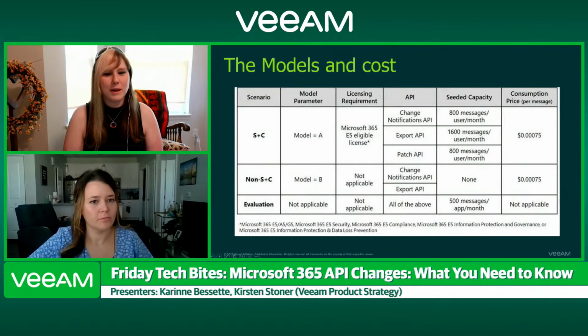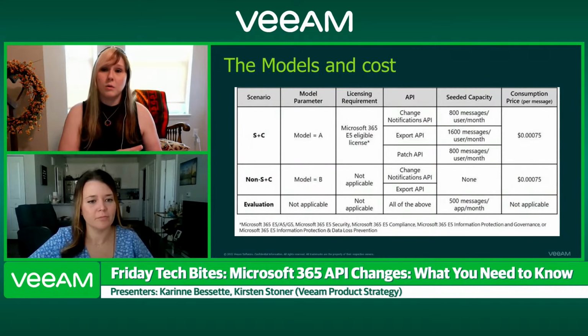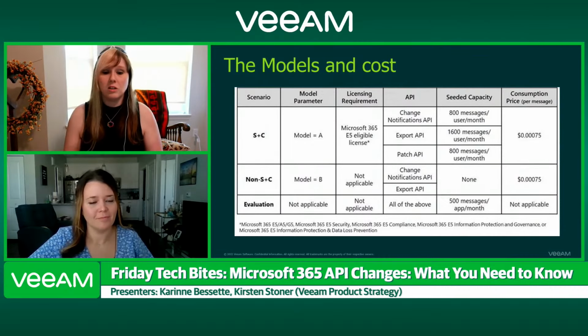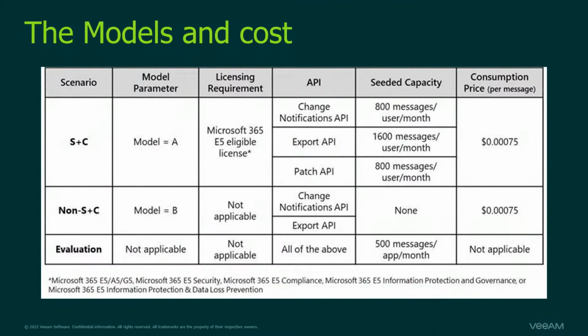And I think our next page here is with that model and that licensing. So with the model and the licensing, it's going to depend which license you have. You may have so many costs for that export API for Microsoft Teams coming out.